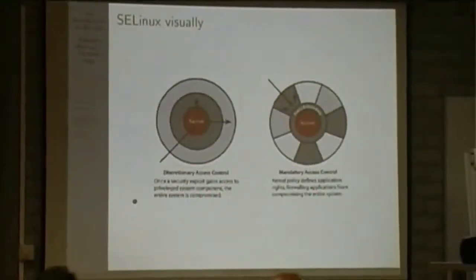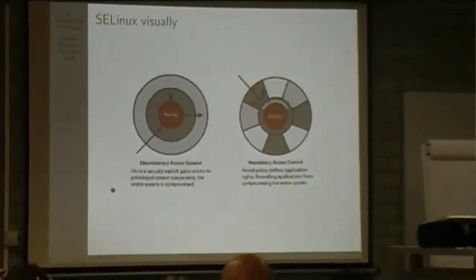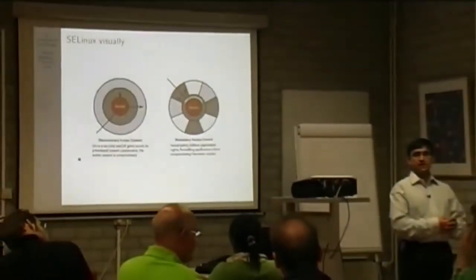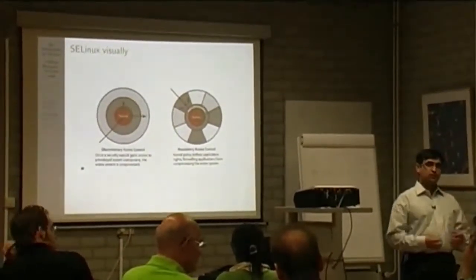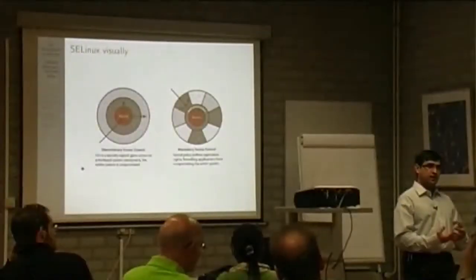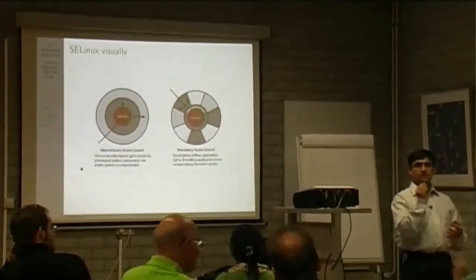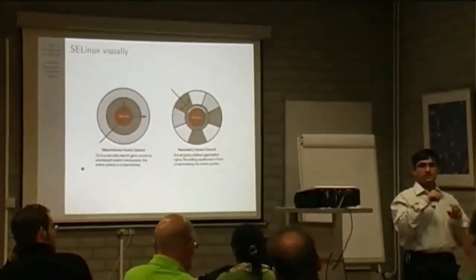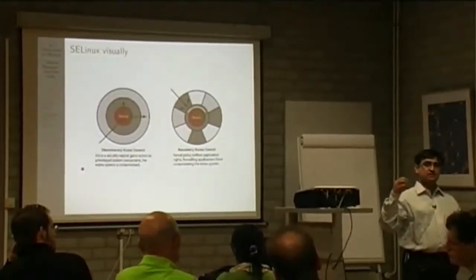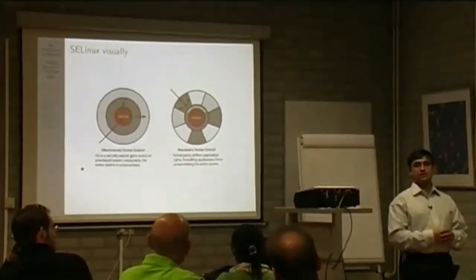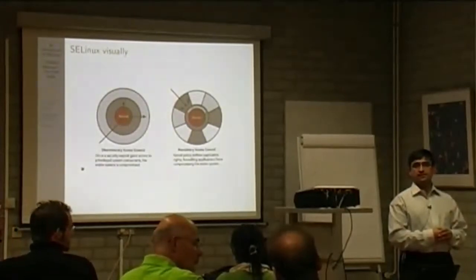If, for instance, Apache gets compromised, it's only that particular compartment, and you wouldn't be able to go to other daemons at that point. That is the main idea behind it. And if you want to go to a more complex situation where you have multiple users, then you have to use MLS, whereby you would be able to define specific roles for daemons, so that this daemon uses this role in this context and then allows access only to those files or those networking connections. That's the main idea behind it.